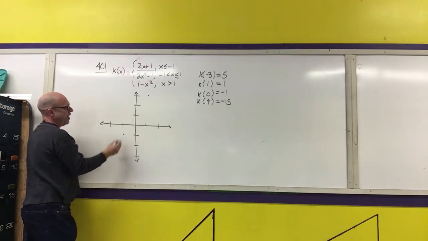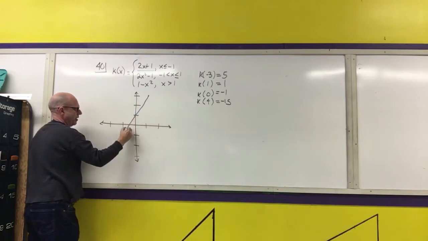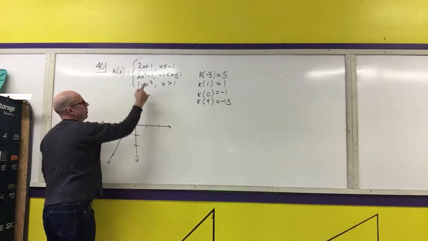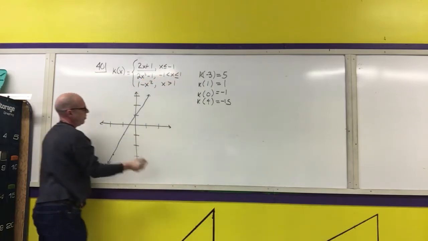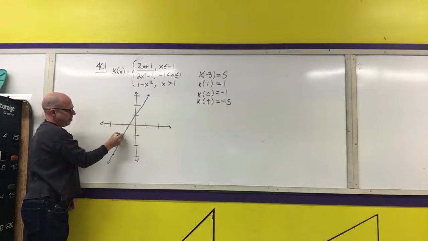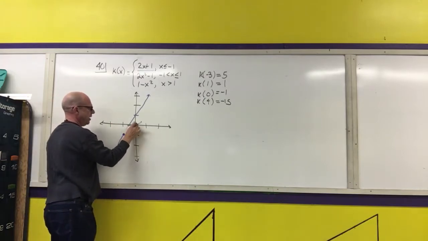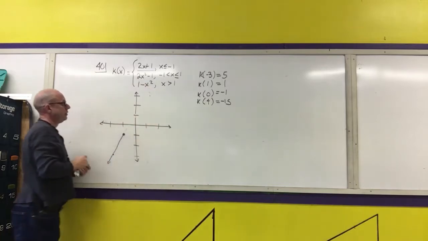If I were to graph that line, it would look like this. Well, my domain is only x less than or equal to negative 1. Well, here's x is negative 1. So this portion of the line would remain, and basically that line turns into a ray.